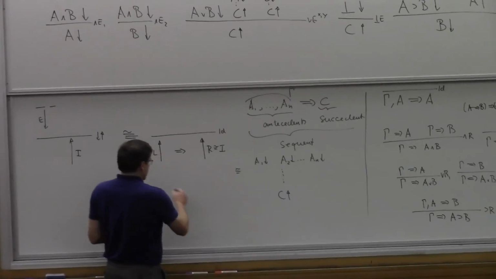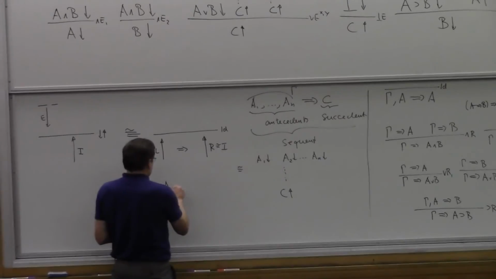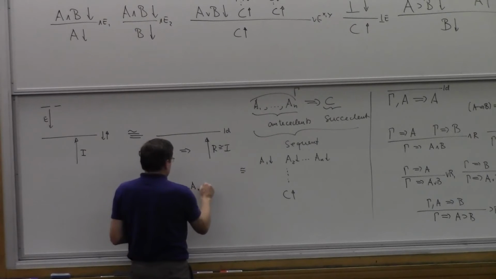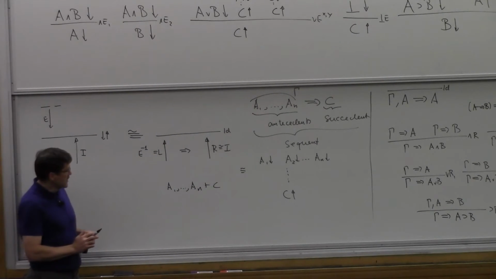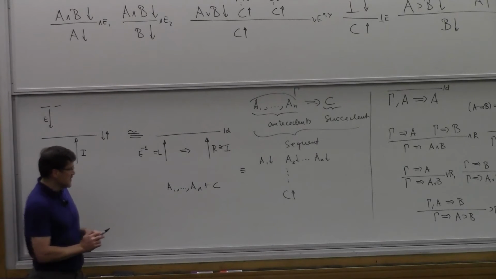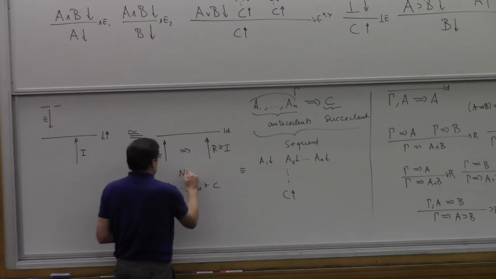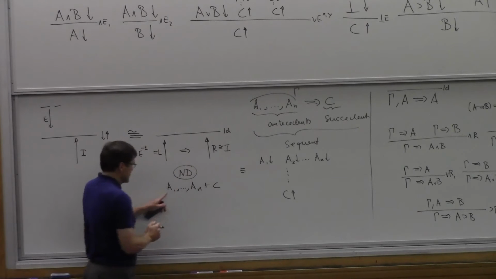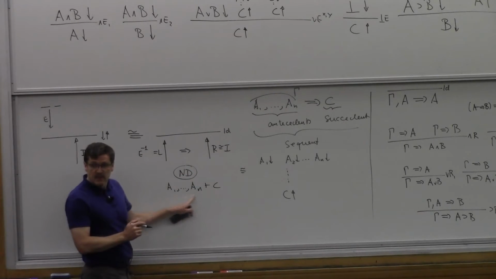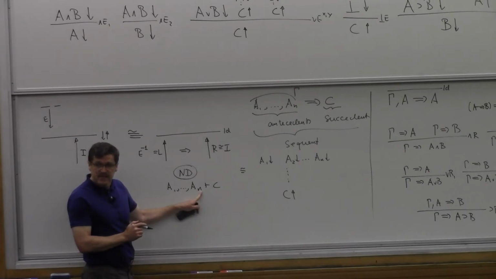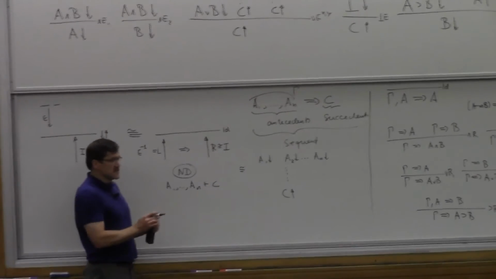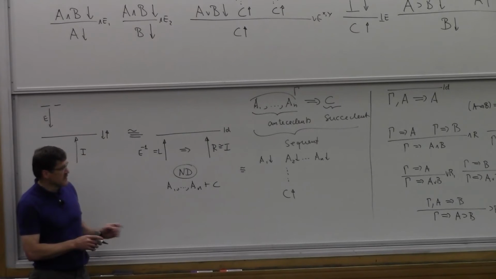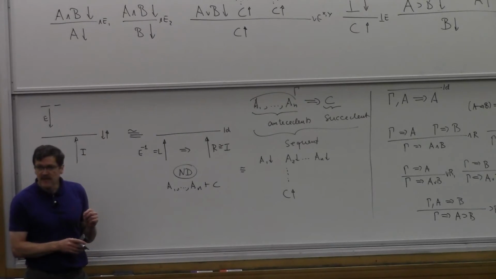Another way to write that is A1, ..., AN, turnstile C. And that's a way to write natural deduction. The only difference is that you write your assumptions on the left, but the rules still operate on the right. And just to be able to distinguish between natural deduction and sequent calculus, I wrote the sequent arrow that way.